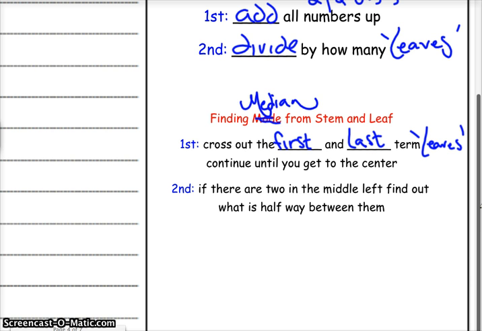Leaves represent our data points, the things to the right. And you continue until you get to the center. If there are 2 in the middle, you find what's halfway between them, just like you've done before. So nothing new, just a new way to represent it. So everything is the same, it's just a new way to represent a set of data points.